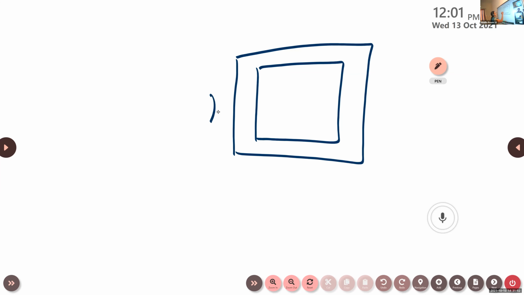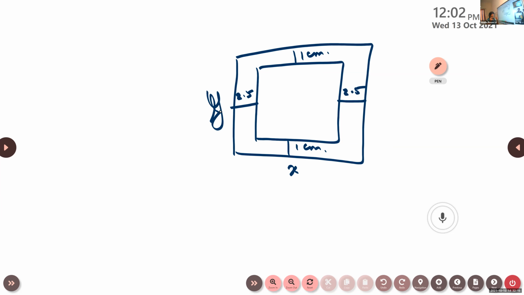Suppose this is the length we take, it is 2.5. Along the length we are leaving 2.5, and along the breadth it is 1 centimeter. And in the figure itself, the breadth is taken as X and the length is taken as Y.